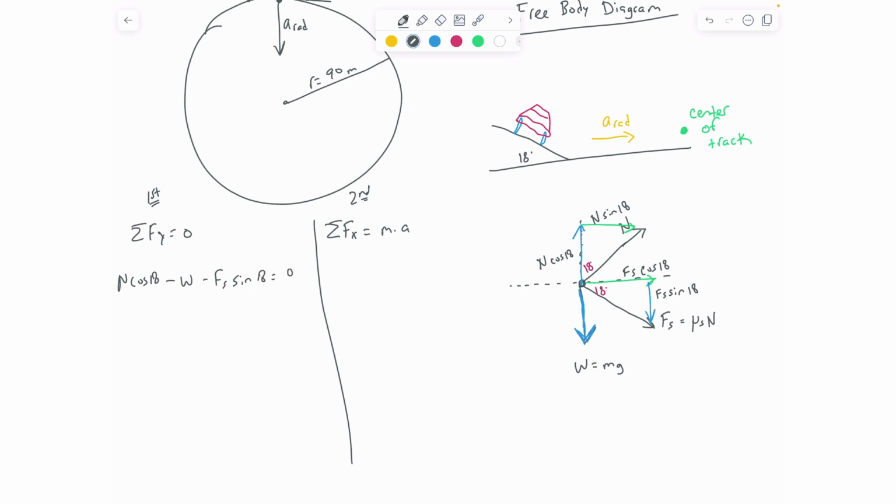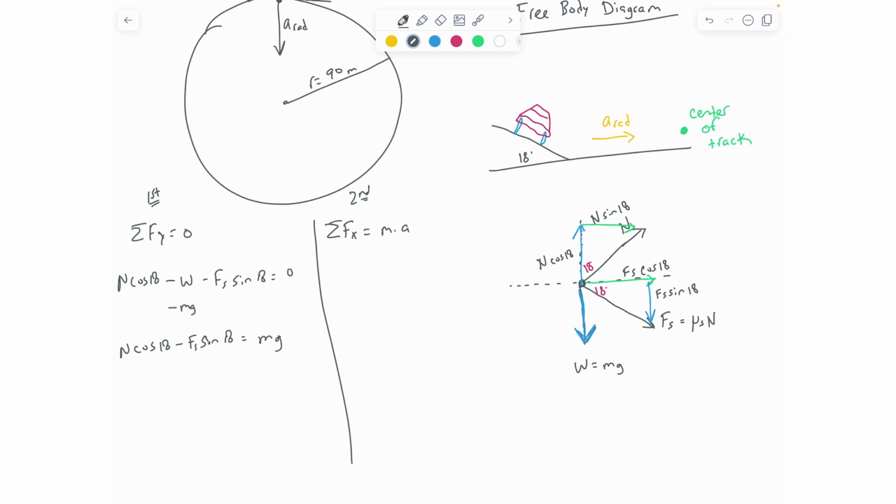These all balance out. And so what you can do here is change W to mg. Then you can move mg over, and this becomes n cosine 18 minus fs sine 18 equals mg.